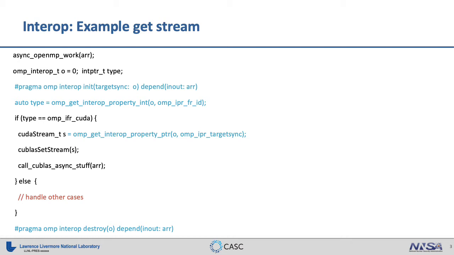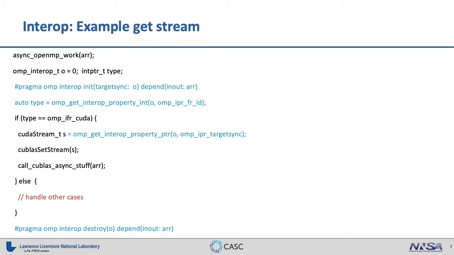Now, the way that this is going to work is we have a declared interop object. We initialize it with the interop init target sync. We give it a dependency. And this tells the system that we need a target sync object for whatever kind of foreign runtime system exists on this device.